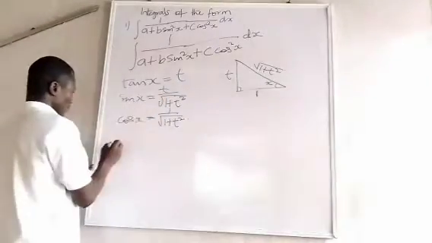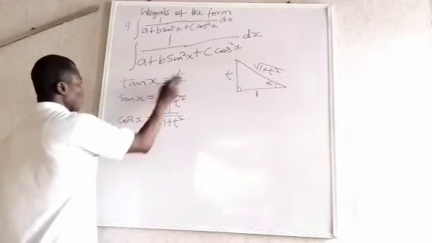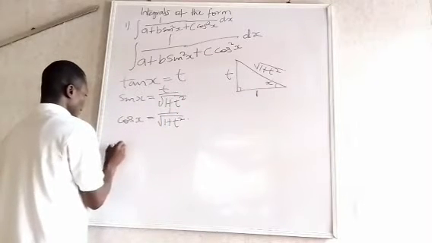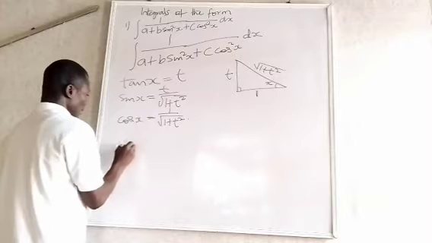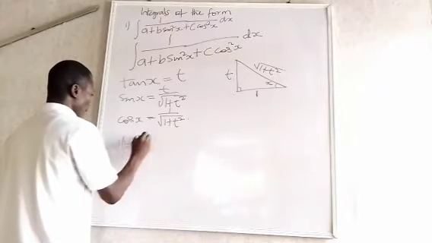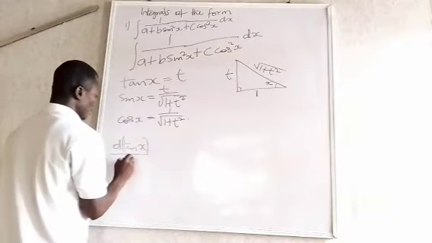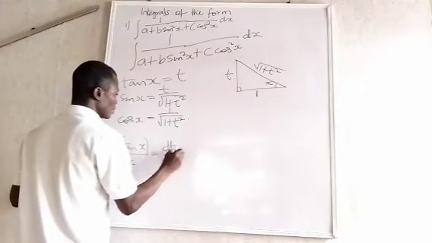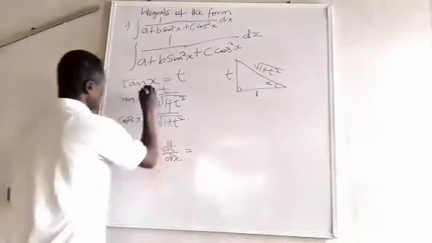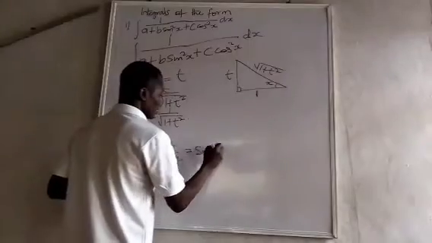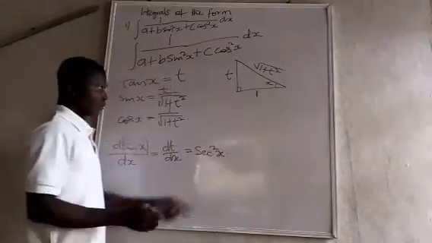So you can see we need to do extra work now. If tan x equals t, we can now say that d tan x over dx will be dt over dx, and that's going to give us sec square x. You know what that is?